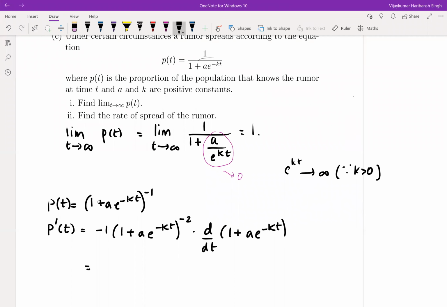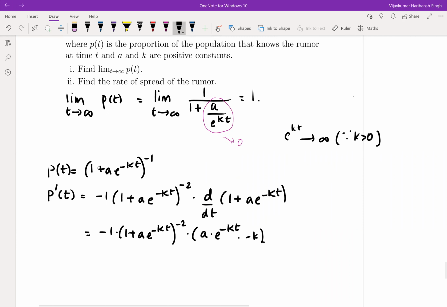Now this is going to be minus 1 times 1 plus a e to the power minus kt to the power minus 2, and the derivative of the inside: the derivative of 1 is 0, a is a constant which comes out, the derivative of e to the power minus kt is e to the power minus kt multiplied by the derivative of minus kt, which is minus k.